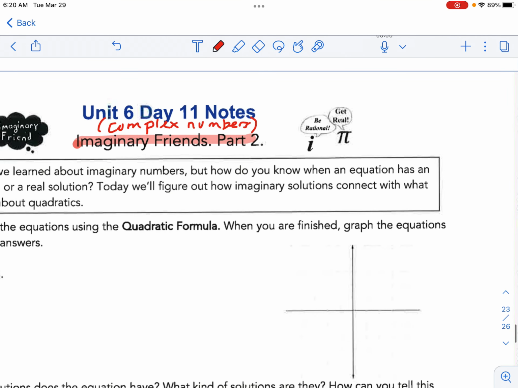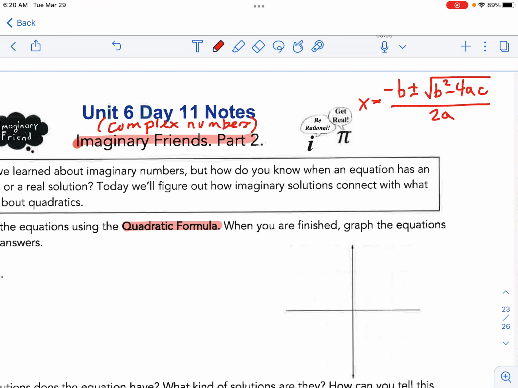And that is if we consider the quadratic formula. That's the focus of the discussion here. The quadratic formula is opposite b plus or minus the square root of b squared minus 4 times a times c, all over 2 times a, to find our solutions.